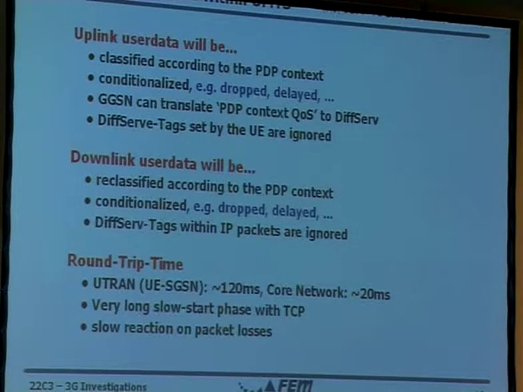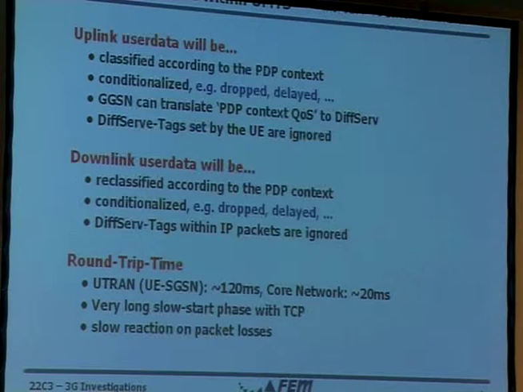You could have more than one context, but as far as I know, no mobile phone vendor supports this today. Another thing is the quality of service is only supported within UMTS.